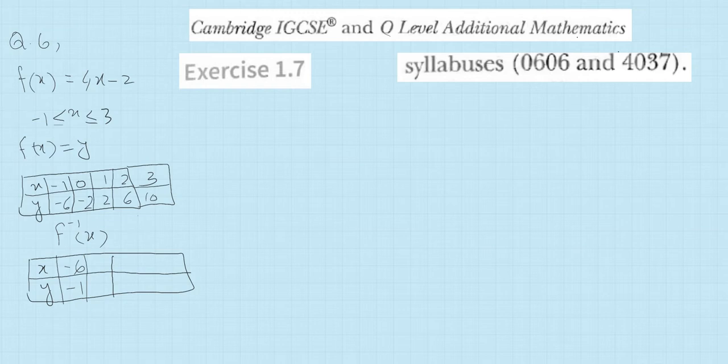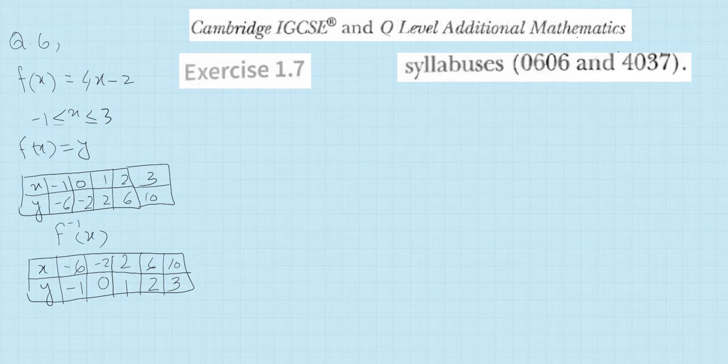Second, 0 minus 2 replaced by minus 2 and 0. Then 1 2 replaced by 2 1. Then 2 6 replaced by 6 2. And then 3 10 replaced by 10 3. Okay students, so this is the table of f inverse x.